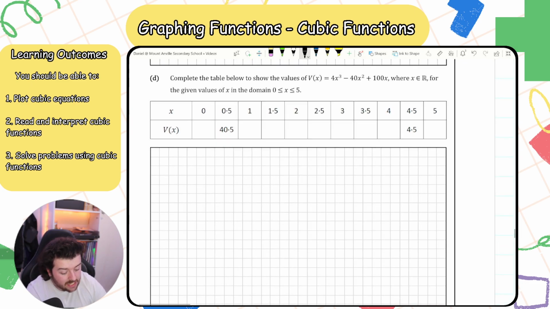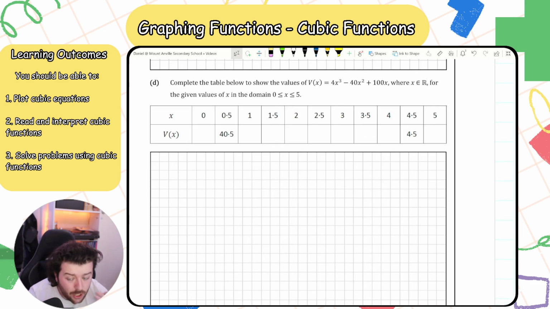This is an easy peasy one. A table of values. In your Leaving Cert exam, they ask you to fill out a table of values, and you can use your calculator for it. That's easy. Right, so what do we have here? Complete the table of values for this function, 4x cubed minus 40x squared plus 100x, in the domain 0 to 5. And we're going up in increments of 0.5. So let's just put that in a calculator.